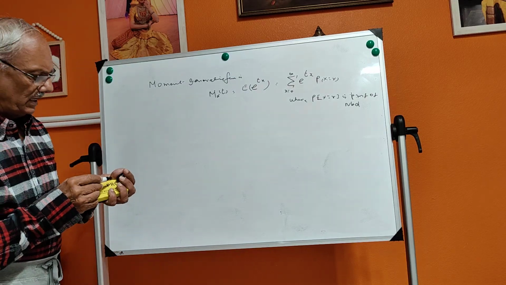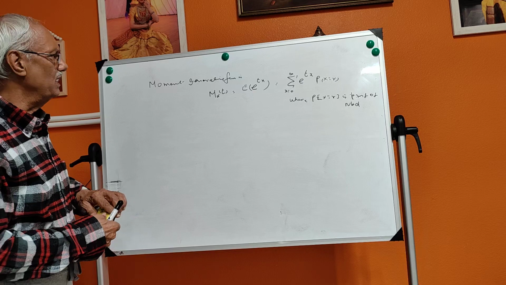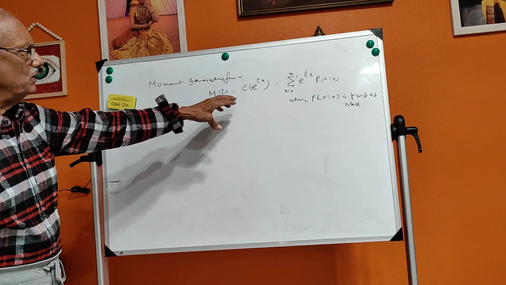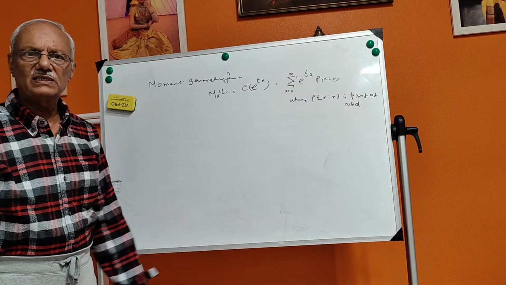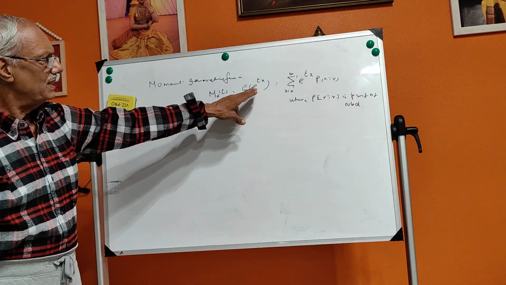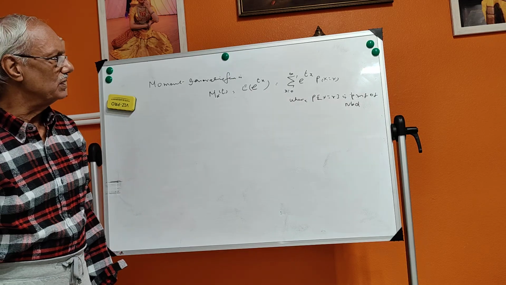So the moment generating function is generally given by M_X of t equal to the expectation of e to the power of tX, where X is a random variable. And this random variable now follows the negative binomial distribution.